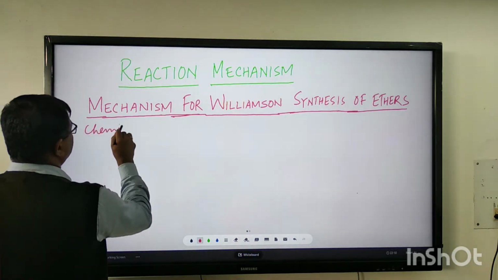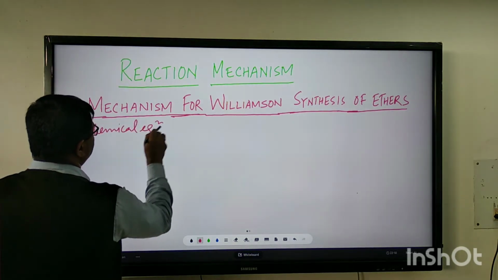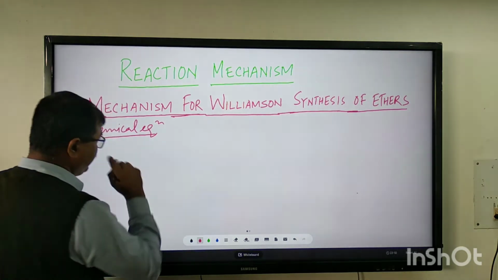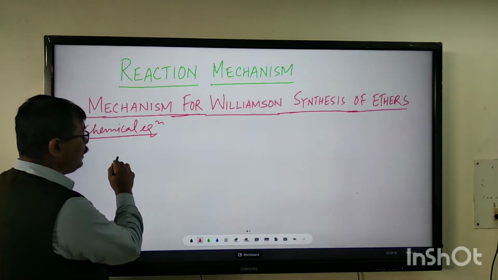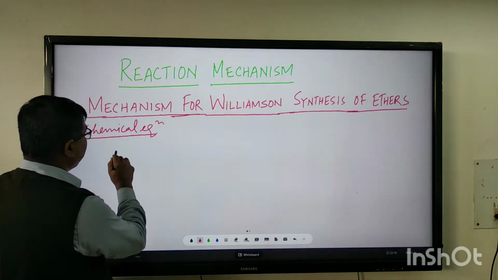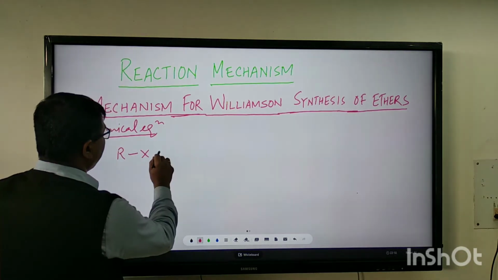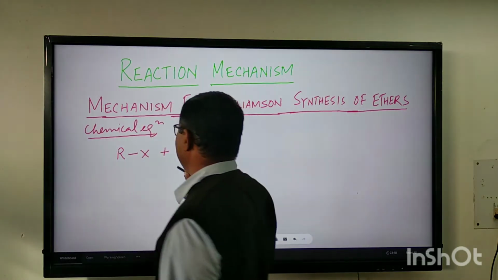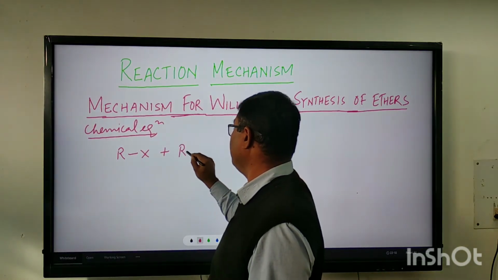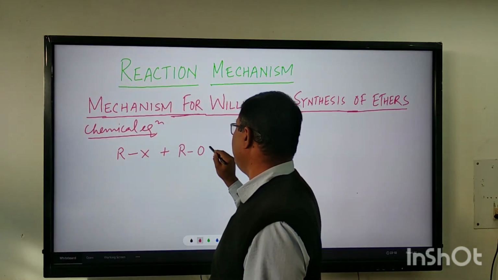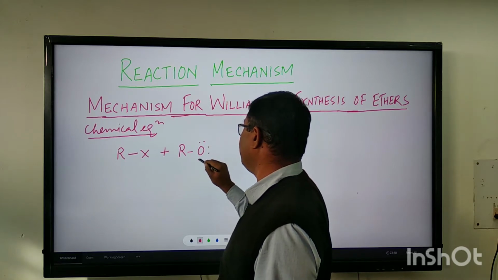Chemical equation. So in this reaction, one alkyl halide is allowed to react with sodium alkoxide.